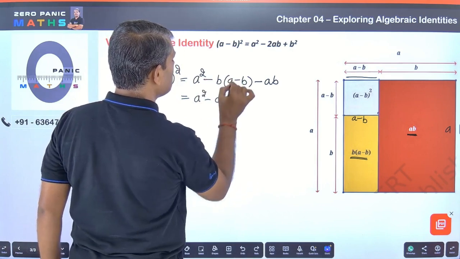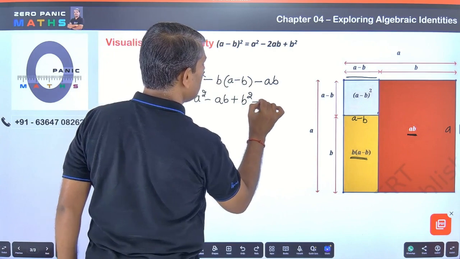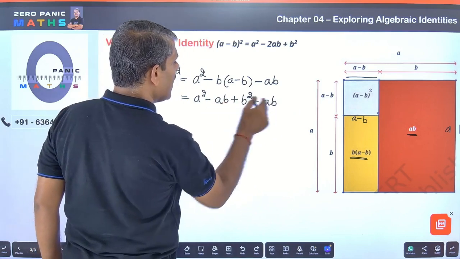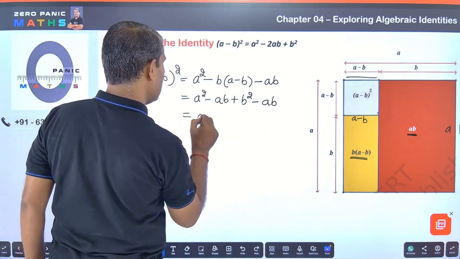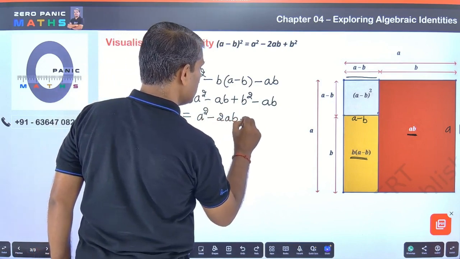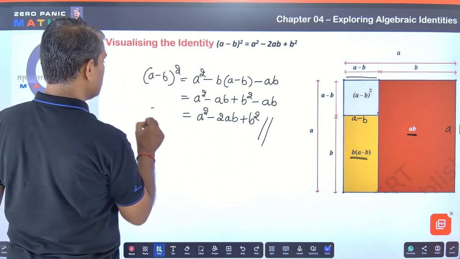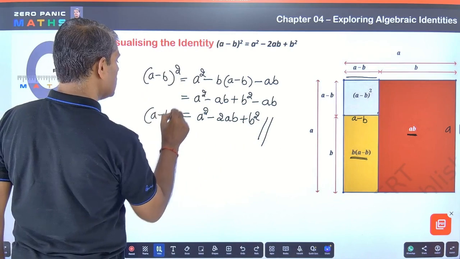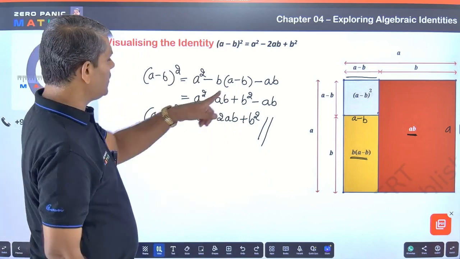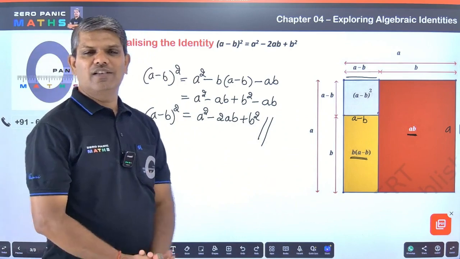Okay, and minus into minus is plus, that is b square, b into b, b square, minus ab. Okay, this is one minus ab, another minus ab, that will get me minus 2ab plus b square. And that is how we got (a minus b) whole square is equal to a square minus 2ab plus b square. This is the proof of this identity by using some geometrical shapes.